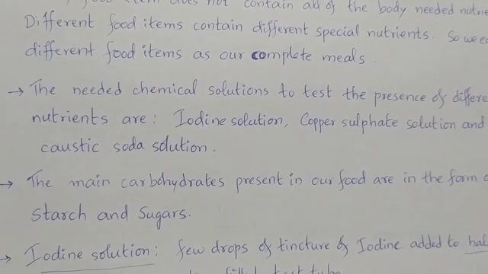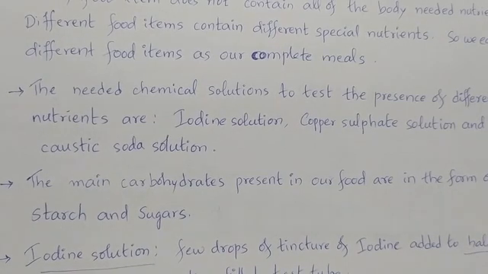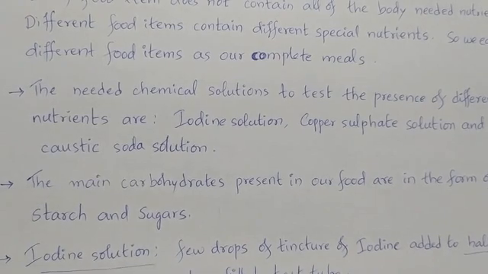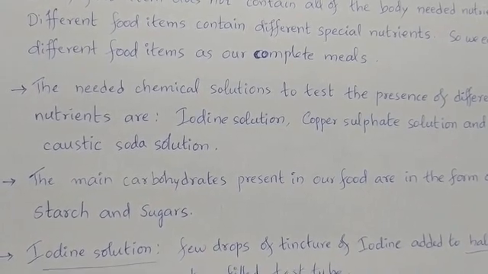If you take proteins and lipids or fats, the form in which the proteins and fats are present is amino acids and fatty acids, whereas the main carbohydrates present in our food are in the form of starch and sugars.